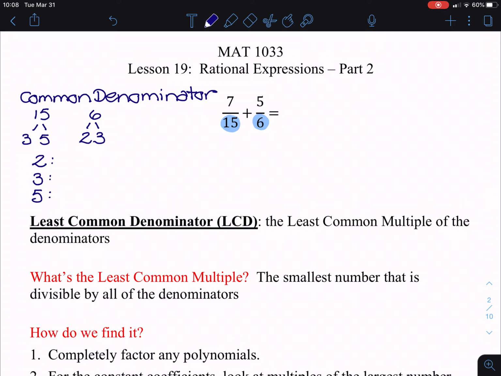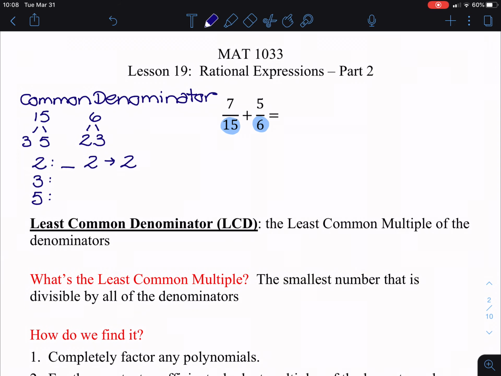When I look at the number 2, 2 is not a factor of 15, so there's nothing there, but 2 is a factor of 6. For finding a common denominator, I want to take the biggest thing I can, and between taking nothing and taking 2, I'm going to take 2.